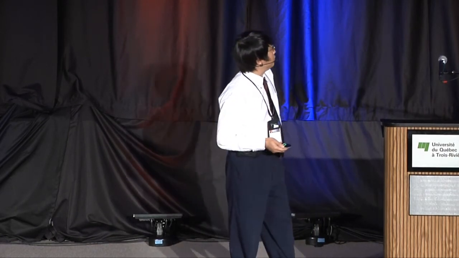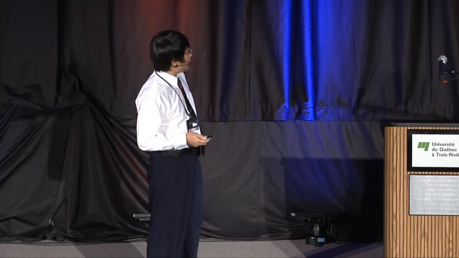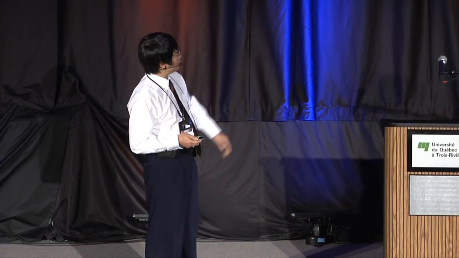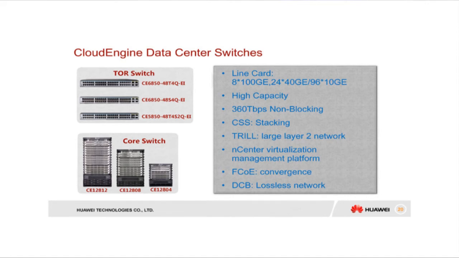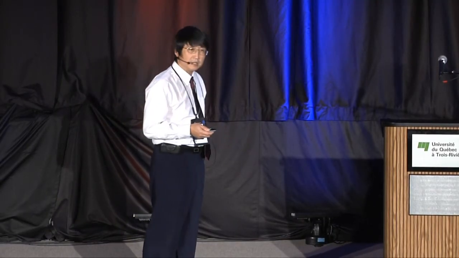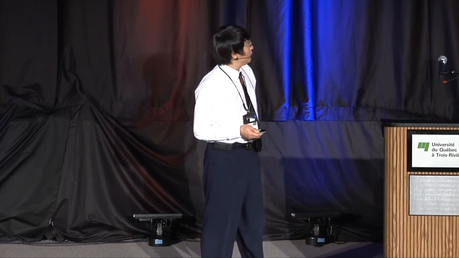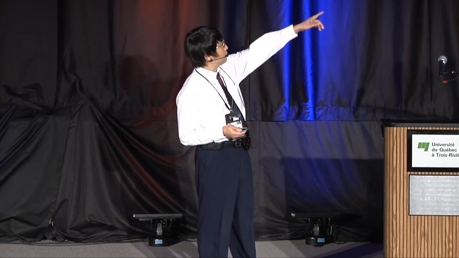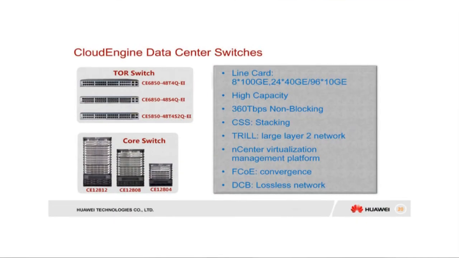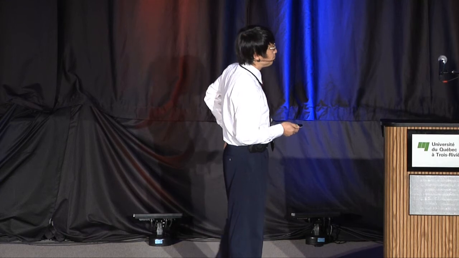On products, the CloudEngine switch is right now the world's biggest switch. In capacity and everything you can see, this is the most advanced switch in the world. Each one has line cards. We can have 8 times 10 gig line cards, or 40 times 24 ports.